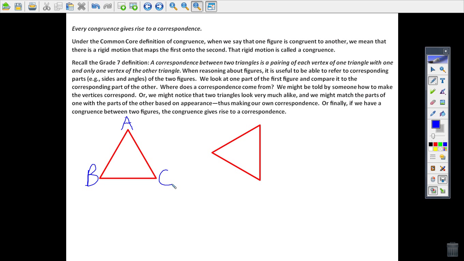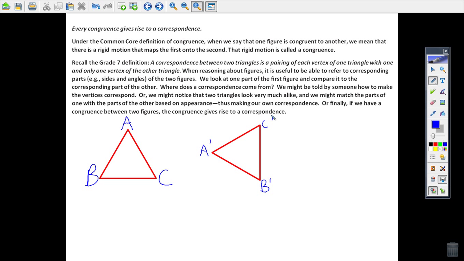So can I make triangle ABC using some kind of transformation and state that it's pretty much A prime, B prime, C prime using some combination of transformations? I may have to rotate and translate. I may have to reflect. Any combination of those three things. I can just do one or I can do three of them.